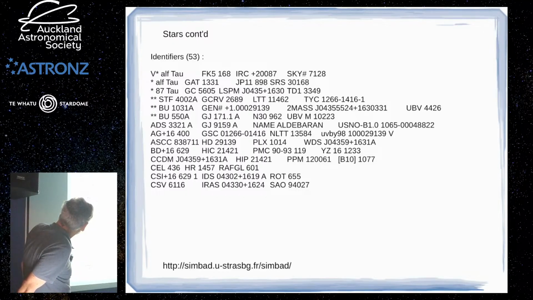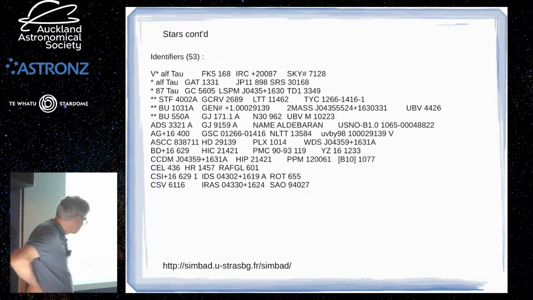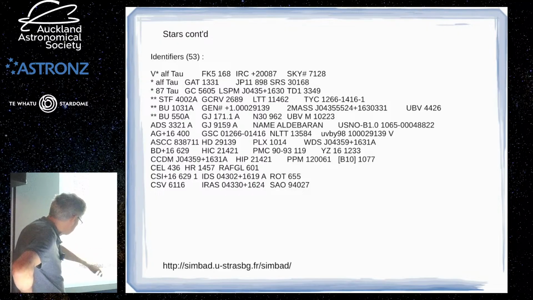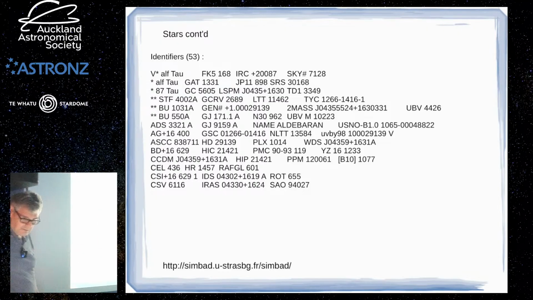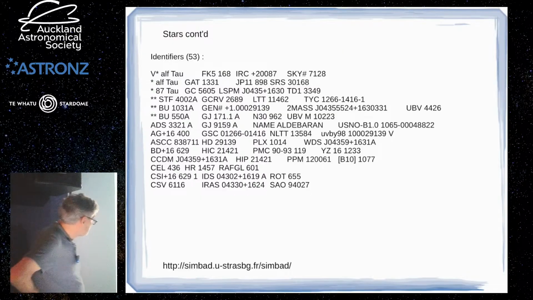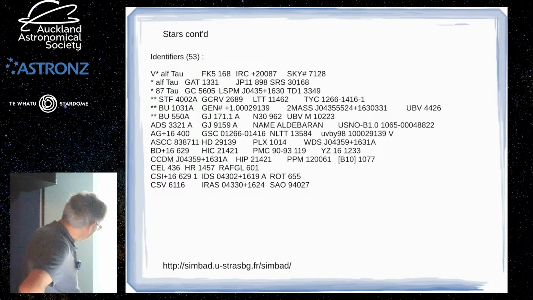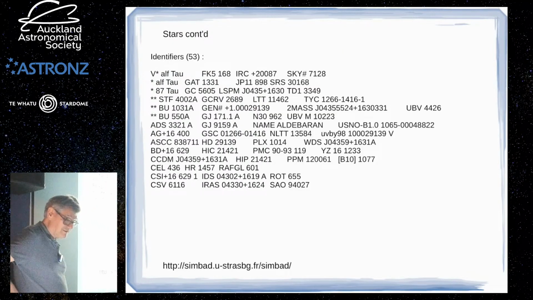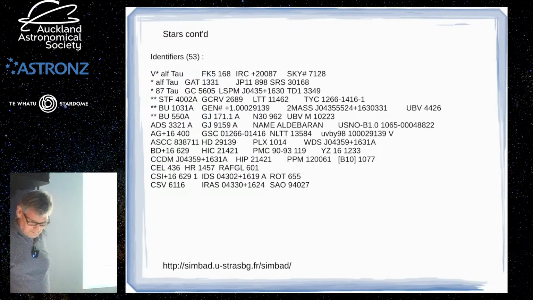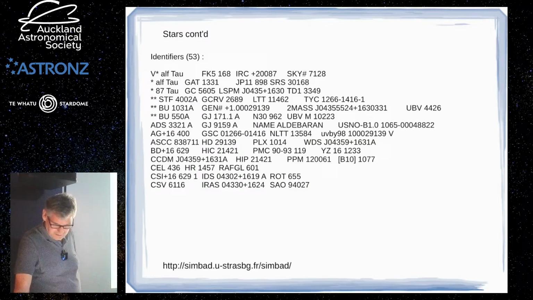And so how the heck do you link all these together? Well, here it is here. The University of Strasbourg in France have a system called Simbad, and you go in and type any catalogue ID or star name, and it'll spit out all of these. So that's how you can link the different catalogues together. Anyone can access that.